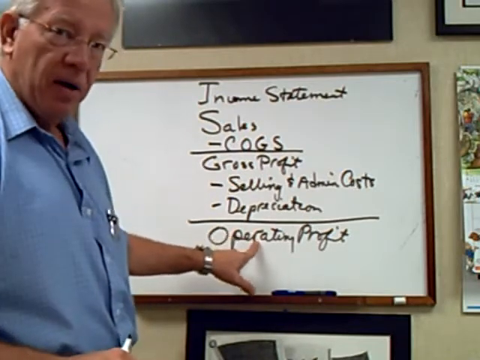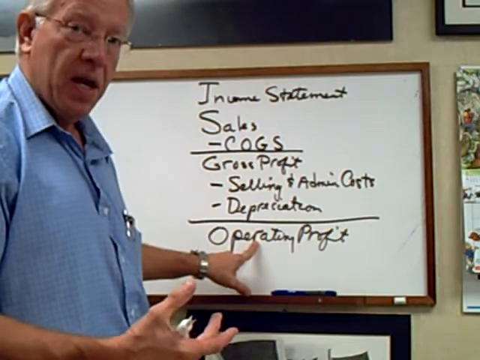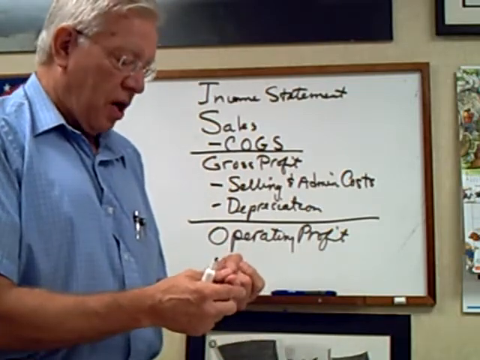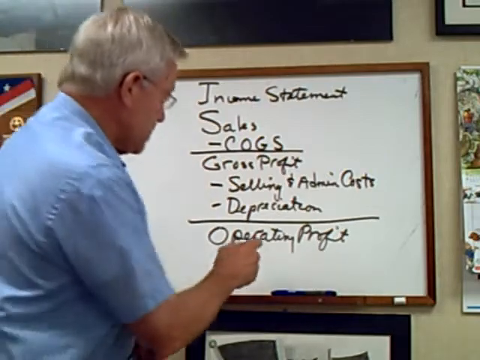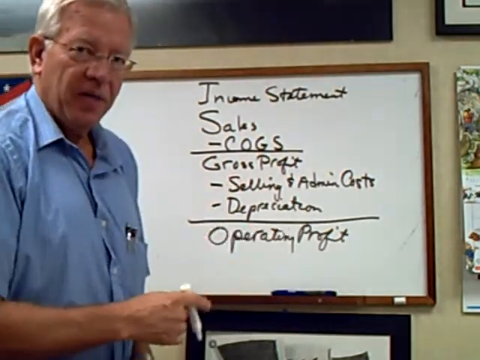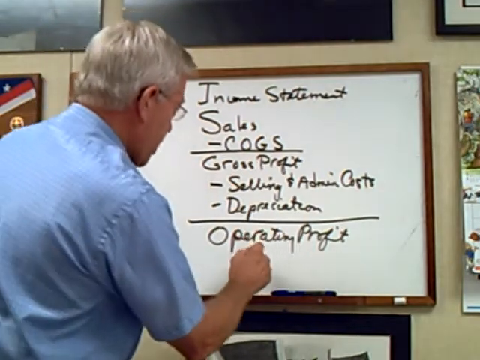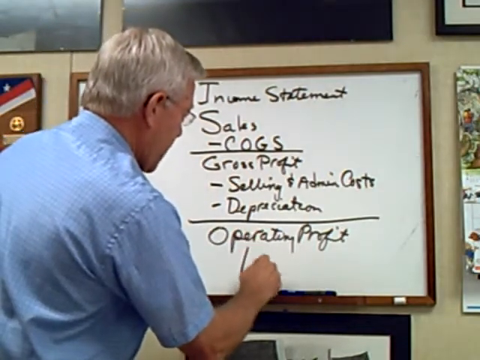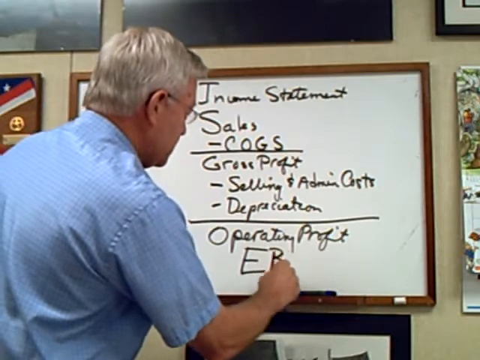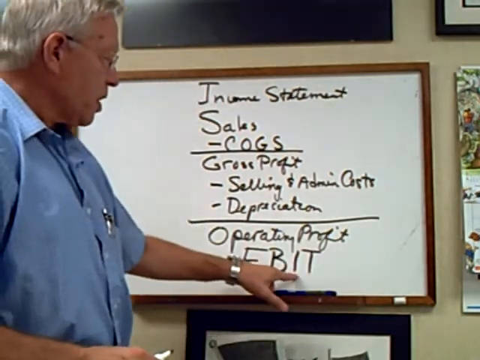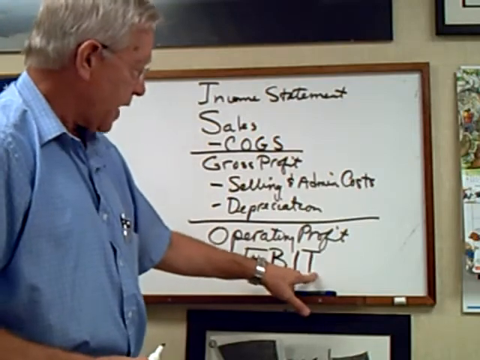This is the amount that the firm has remaining to take care of its external obligations to other businesses, such as, well, that good old federal government and the state government that we deal with. Operating profit is also known as EBIT, or earnings before interest and taxes.